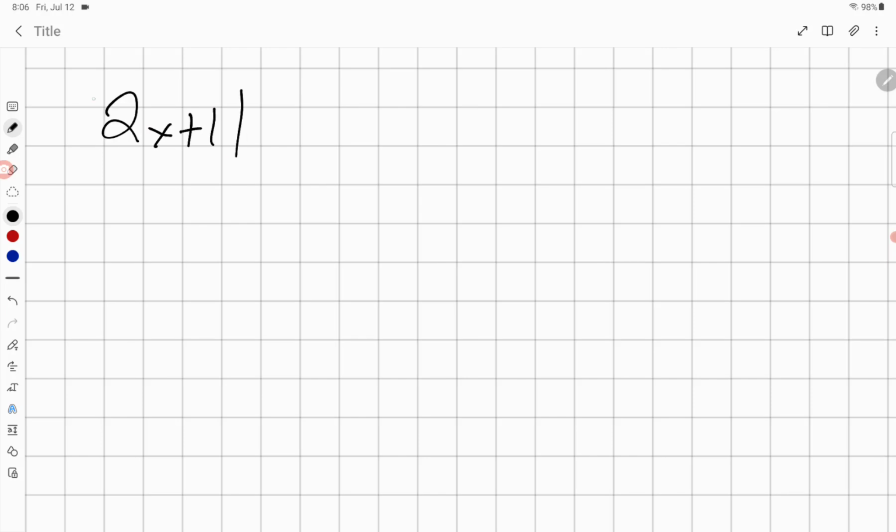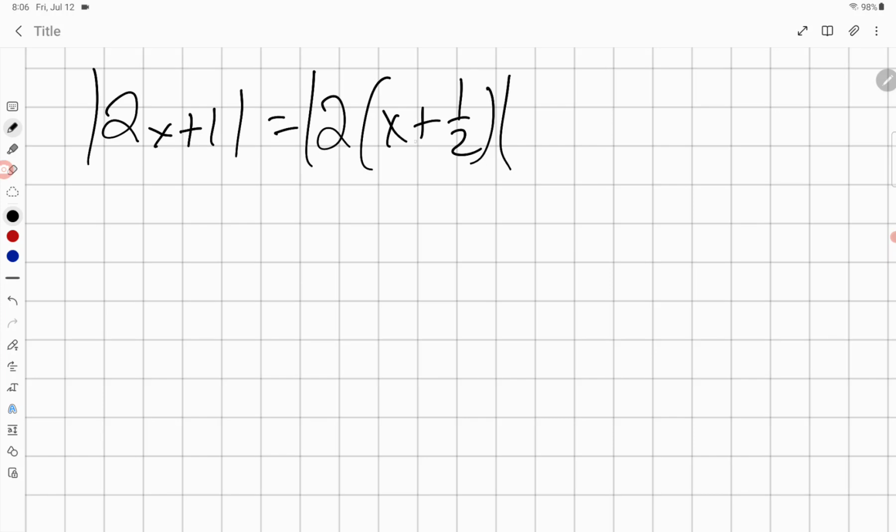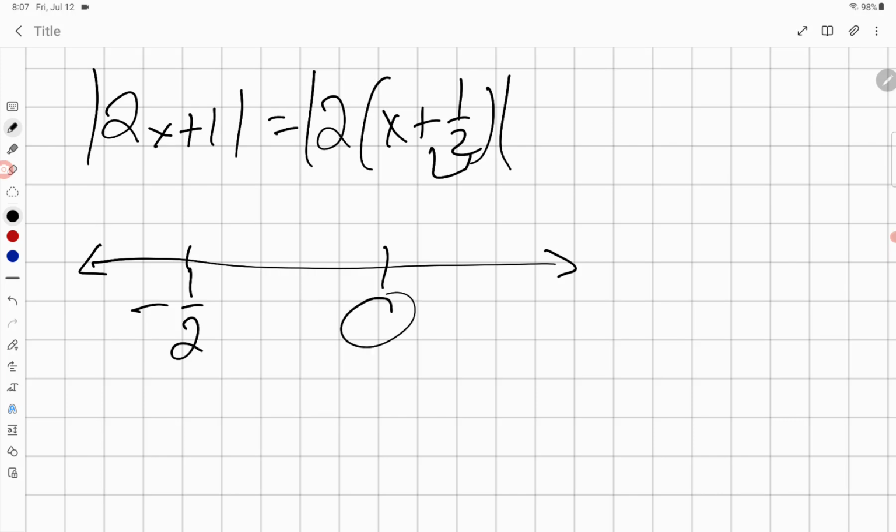2x plus 1. Again, you have to understand that this would be 2 times x plus a half. I'm factoring out the 2, because this reveals that negative 1 half, not positive 1 half, is the root. So you're going to mark negative 1 half here. Again, we want to understand what's happening around 0, because x is going to 0.